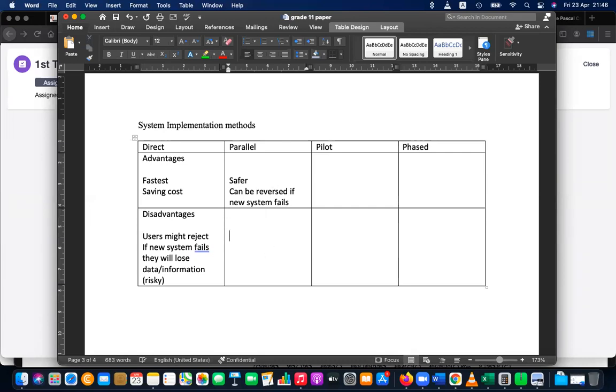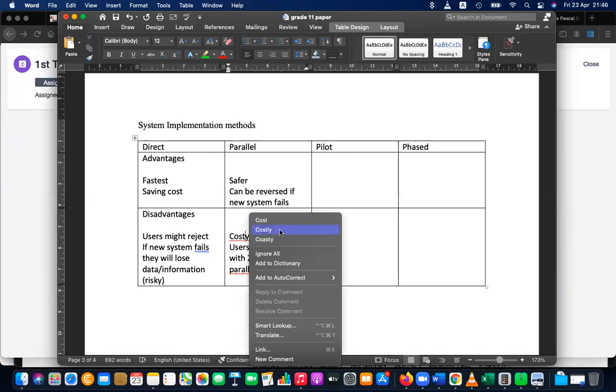Disadvantages are that it can be costly to run 2 systems, and users need to work with two systems in parallel. That is also a disadvantage, and cost is another issue.